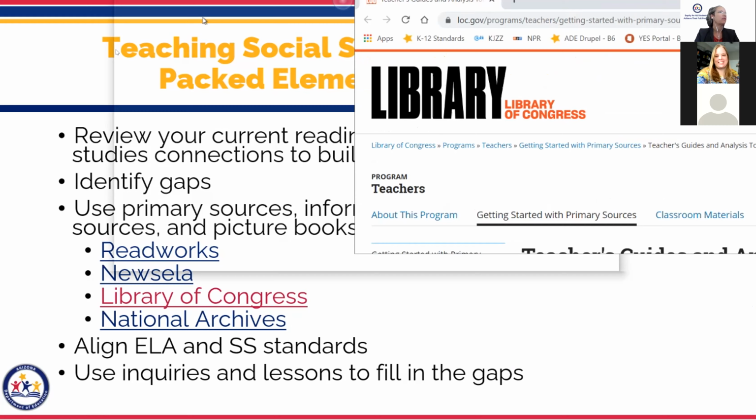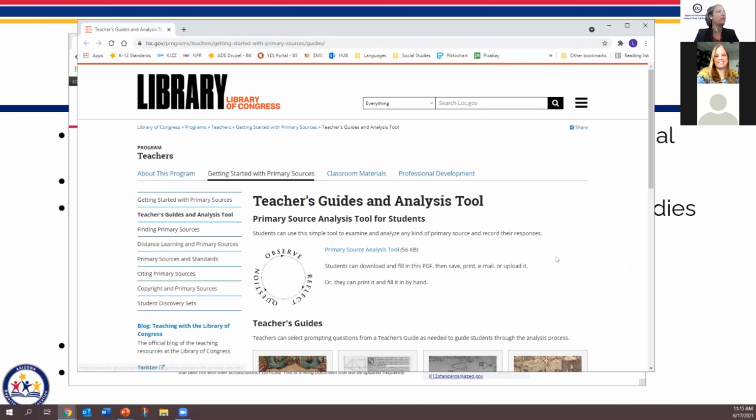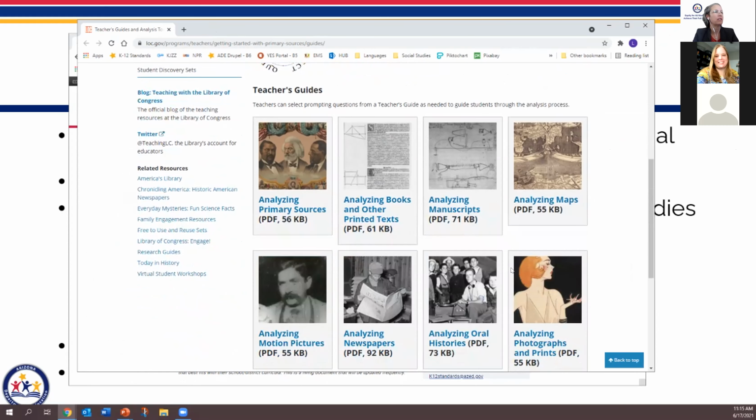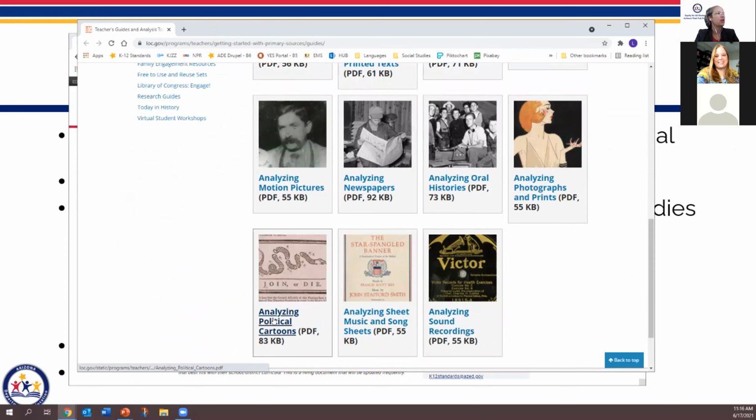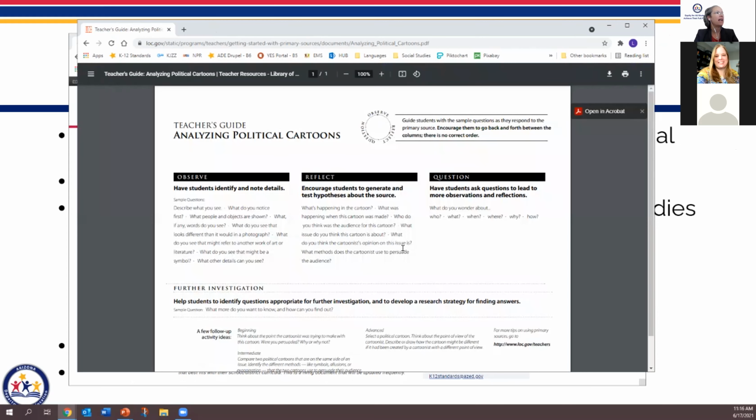Oops, here, let me put this over here. There we go. So this is what the teacher analysis tool looks like. Whether you are analyzing a map, maybe that you got from ASGA, or a photograph, a print, a newspaper, maybe a text, they have all of these here where if you click on them, it brings up a PDF that has your Observe, Reflect, and Question, where you start off with what kind of questions to prompt the kids.